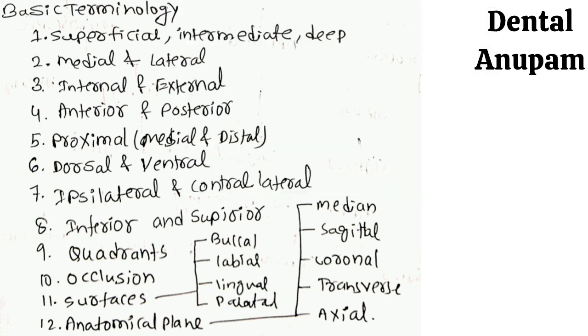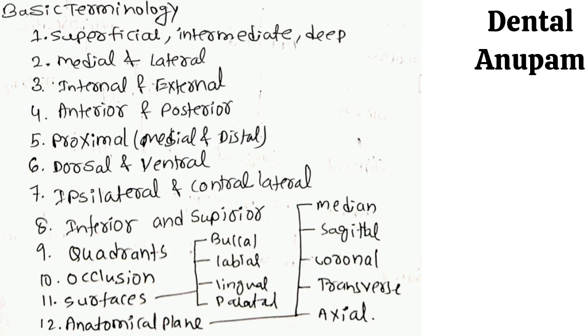Coronal plane divides the body into anterior and posterior parts. To recap: divides into left half and right half, median. Right or left unequal parts, sagittal. Anterior and posterior, coronal.